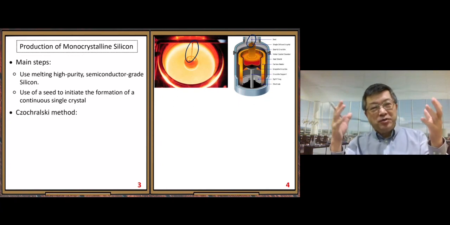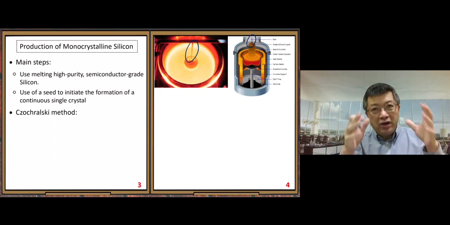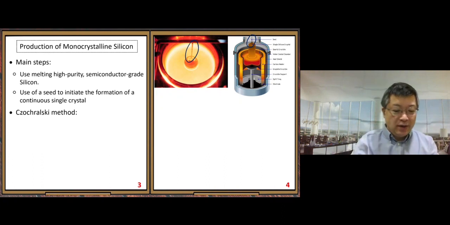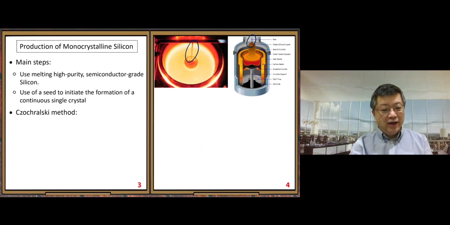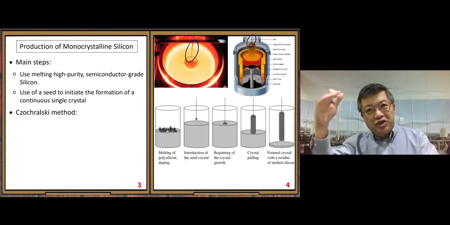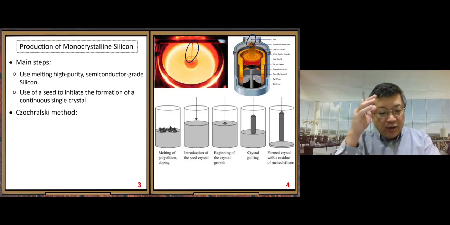This method was created by a Polish chemist, whose name is Czochralski. You can see these 5 steps, the detail of the Czochralski method.